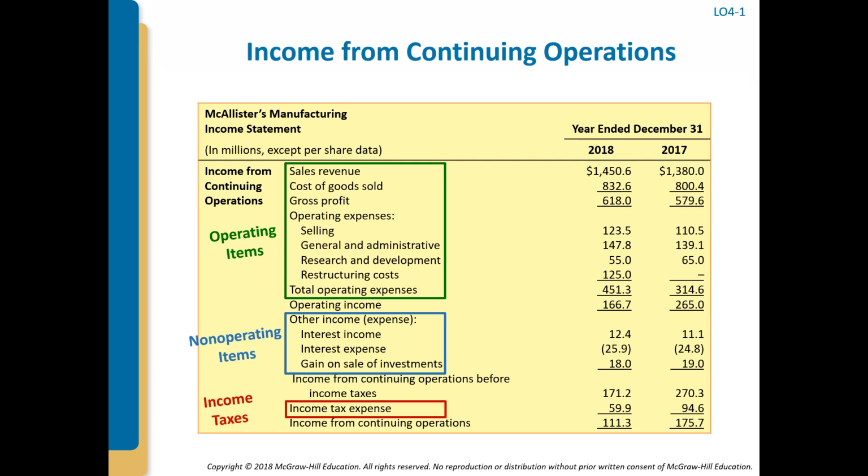We can see sales revenue, cost of goods sold, gross profit, operating expenses, then total operating expense, and then non-operating items, and income taxes. Finally, we have the income from continuing operations.